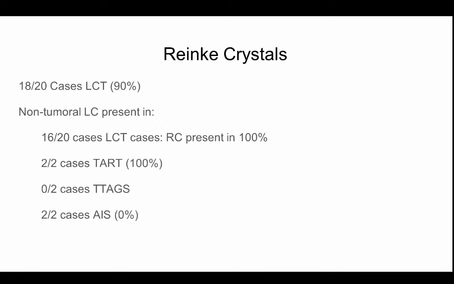All of those had Reinke crystals in them. There weren't any benign Leydig cells in the 2 cases of testicular adrenal rest tumors, and there were no crystals present in the benign Leydig cells of the androgen insensitivity syndrome, as I mentioned.